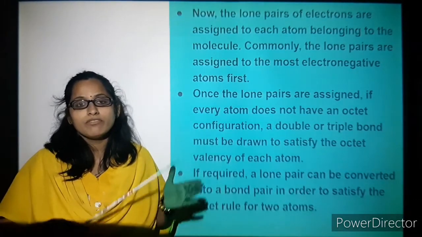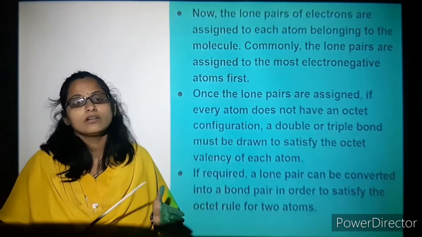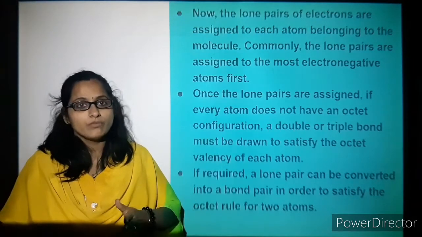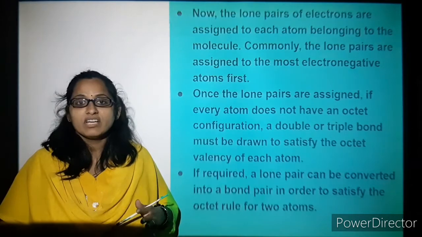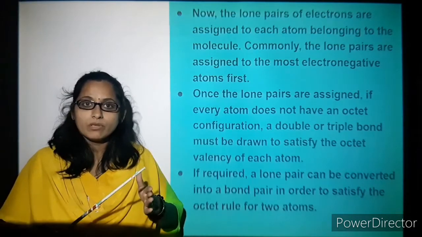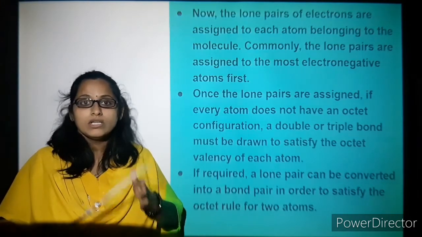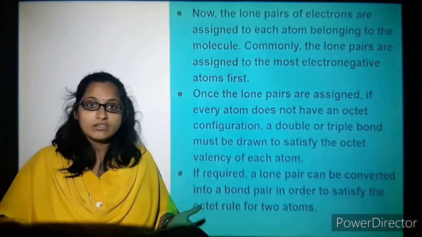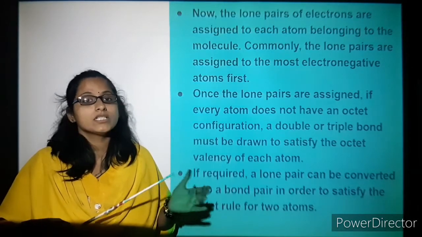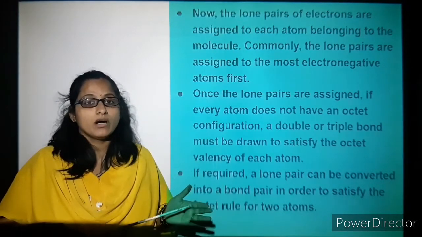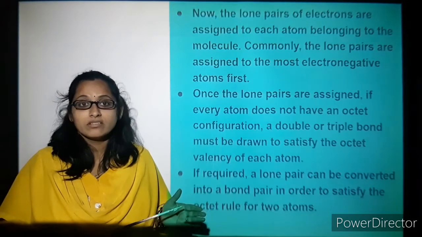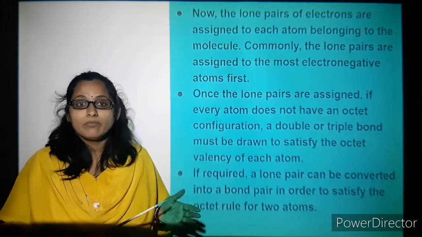It can go from a single bond to a double bond and a triple bond, and double and triple bonds can also be broken down and converted into a single bond, but once it is a single bond, it becomes saturated and no further bonds can be formed.